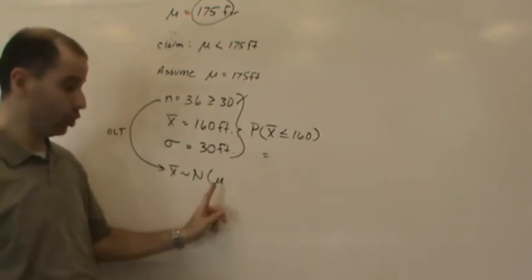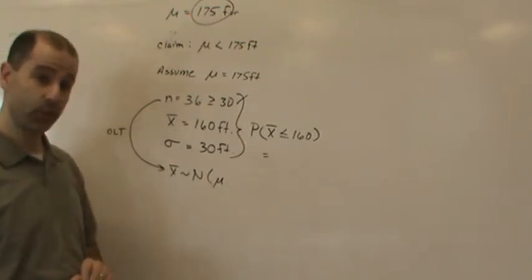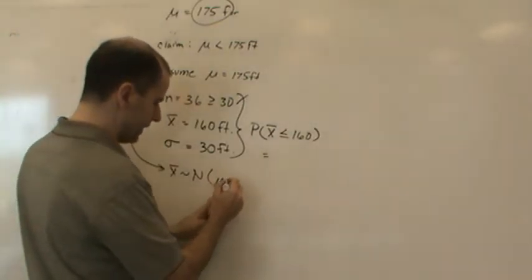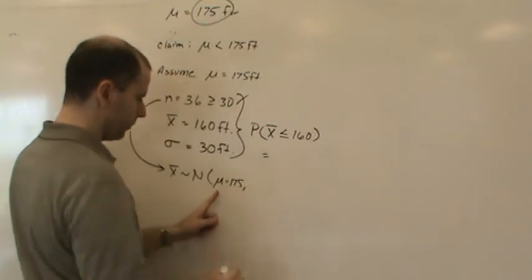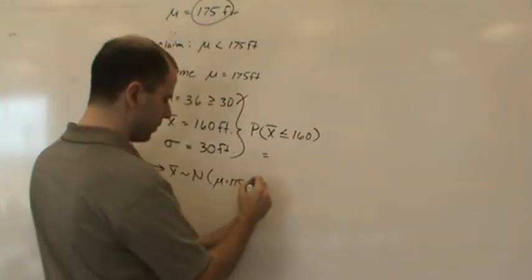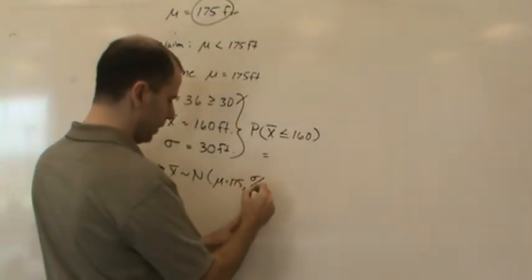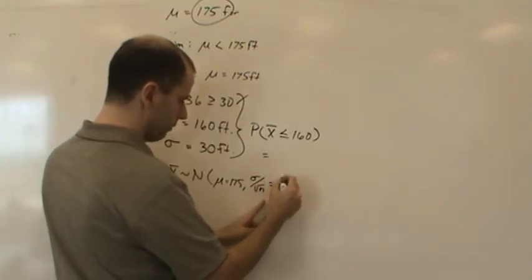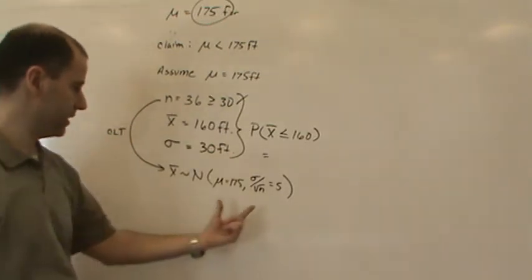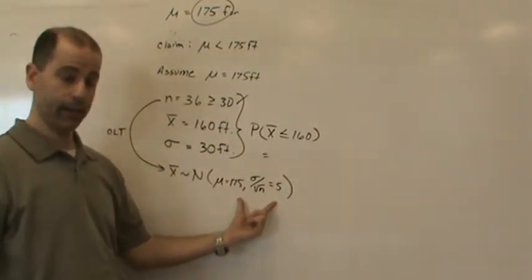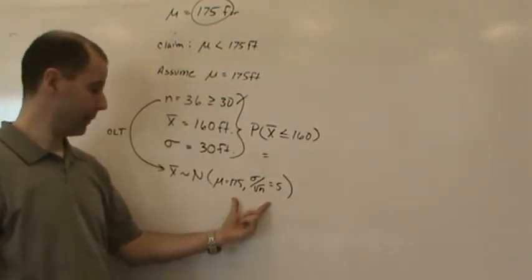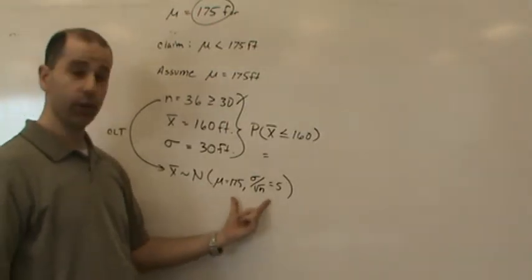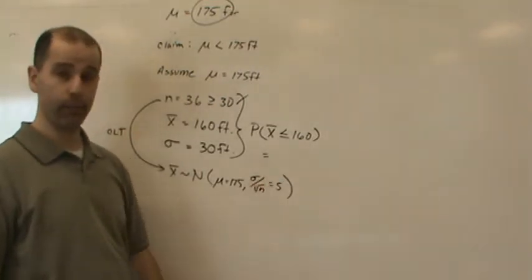We're going to assume that the population mean has not changed, so mu is equal to 175. And we're also going to use the standard deviation of x bar, which is sigma divided by the square root of n, which we found out is 5. We're going to use these parameters for the normal distribution of x bar, okay? So now we're going to use this to calculate the probability.